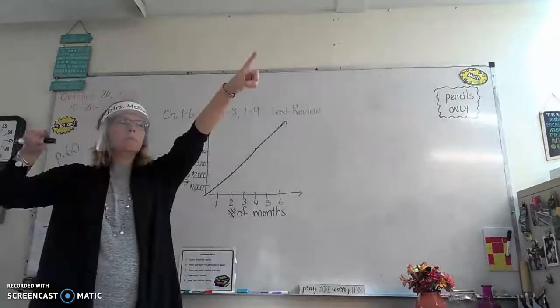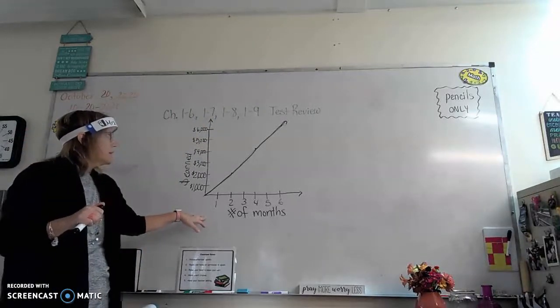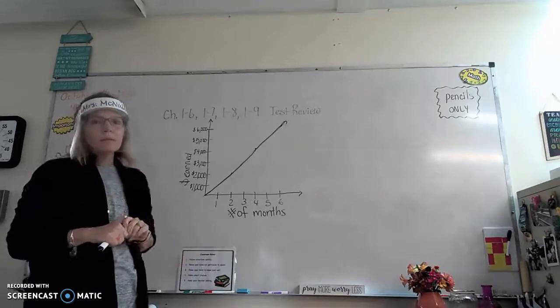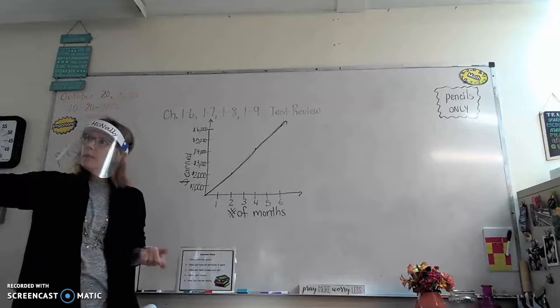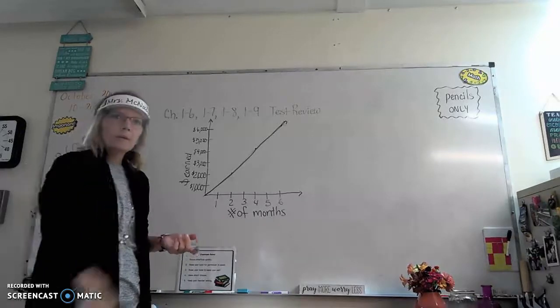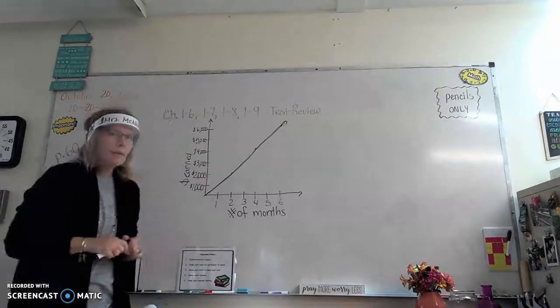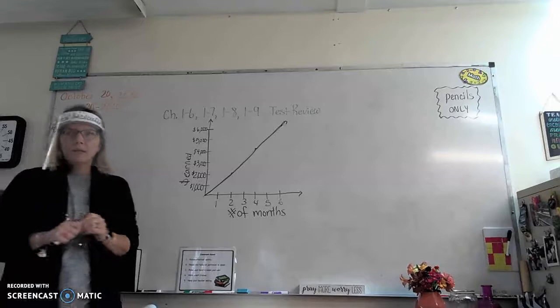Ethan, so in 6 months, how much money had they earned? 6,000. Okay. In 3 months, they earned how much money?